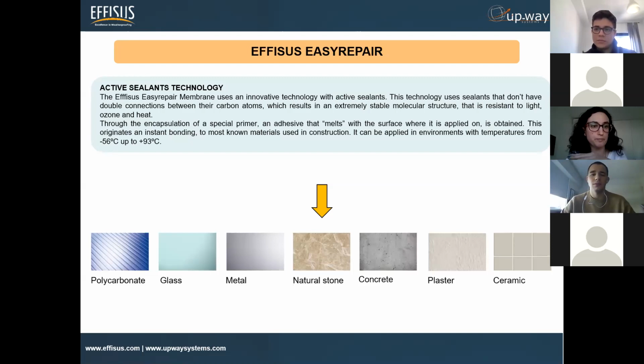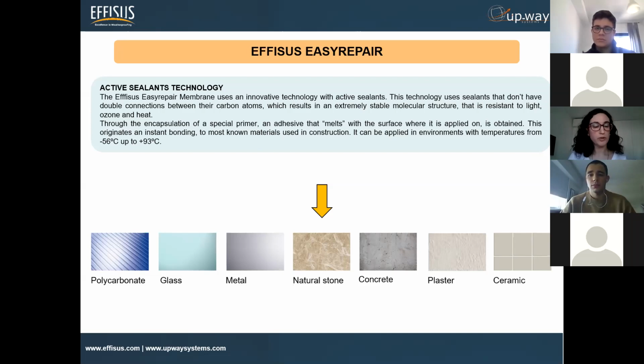We have one layer of adhesive, and this adhesive has a sealant and primer inside. You only have to press the membrane when you apply it to activate the sealant. Then it merges with the substrate. It's really easy.